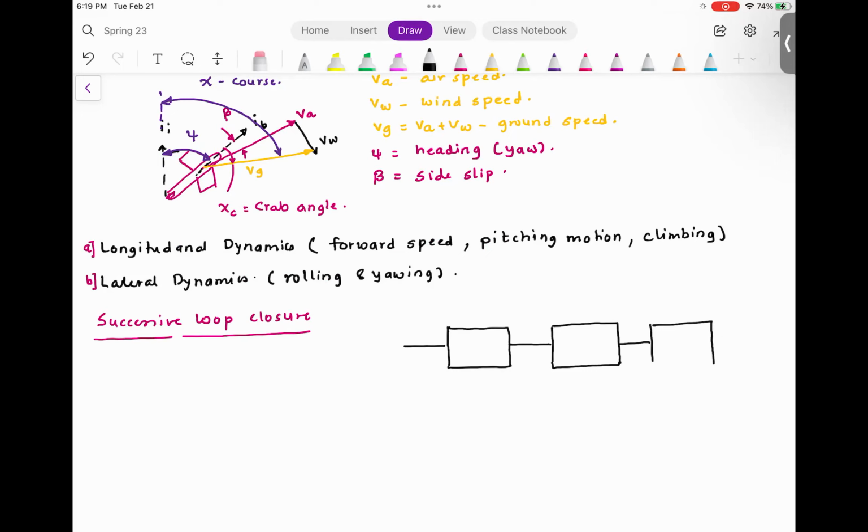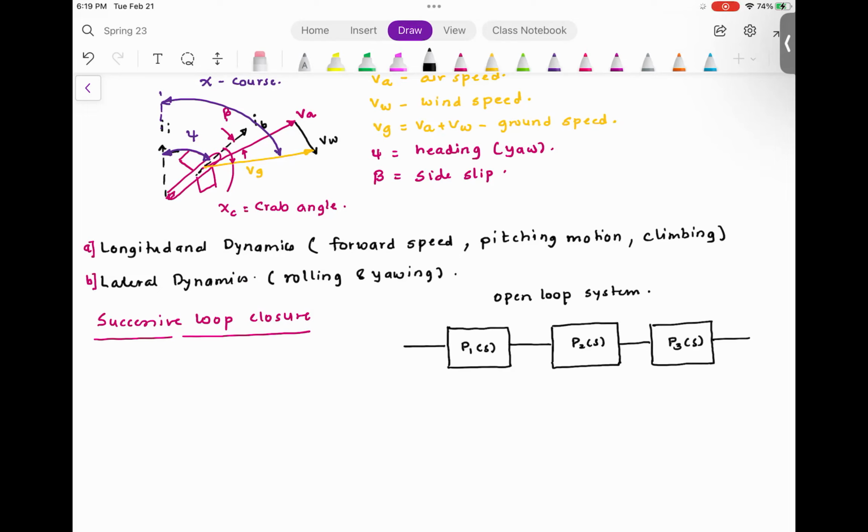So now, what I'm showing you is my uncontrolled system. And the uncontrolled system has these transfer functions, P1(s), P2(s), and P3(s). Clearly, this is an open loop system. And our last entire chapter was devoted to how we come up with simple models that describe P1, P2, and P3.